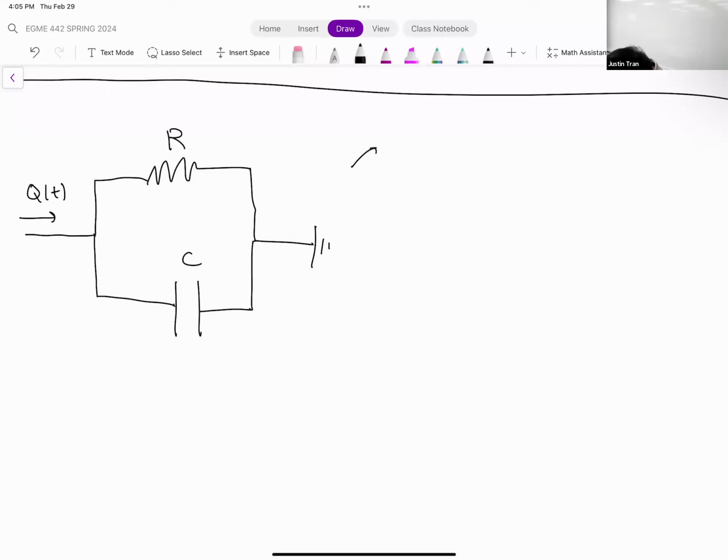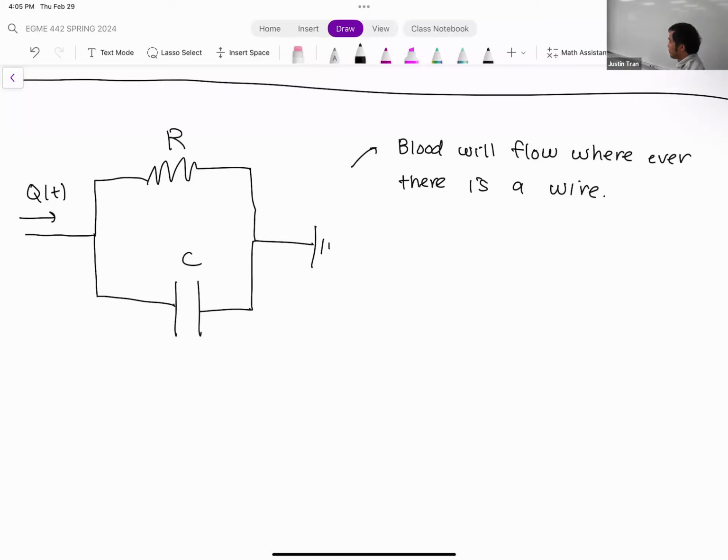And when you look at a circuit like this, it almost looks like the blood is splitting into two paths, part to the resistor and part to the capacitor. After getting to this point in the class, it almost looks like the blood is going through a bifurcation.